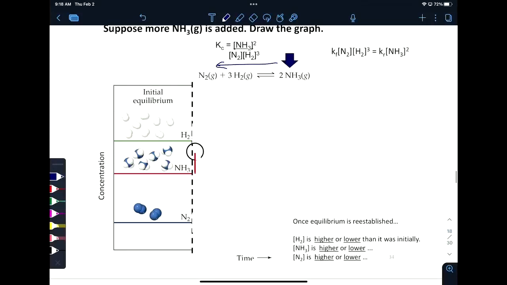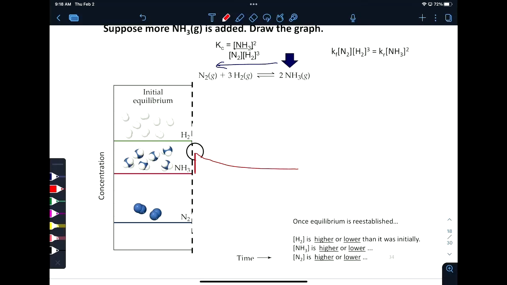The reverse reaction is happening here. If the reverse reaction is happening with time, what direction does the concentration of NH3 go? It's going to go down, yes. But is it going to go down lower than what it was? No, it's going to go down, but it's still going to be higher than what it was.